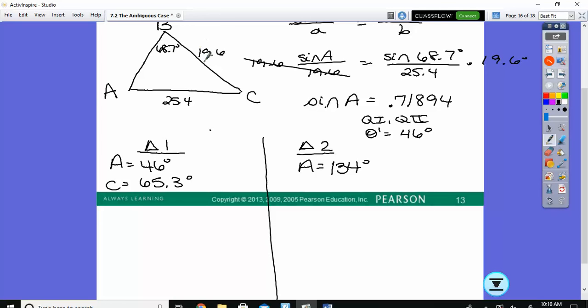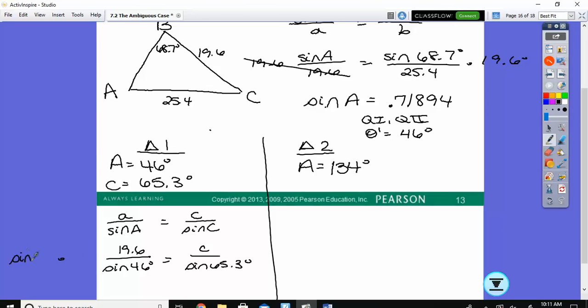We have sides B and A, so to get C, we're just going to use law of sines, so we could do like A over sine A equals C over sine C. So side A was 19.6 divided by the sine of 46 equals C, we don't know, over the sine of 65.3. So you have to multiply over the sine of 65.3.